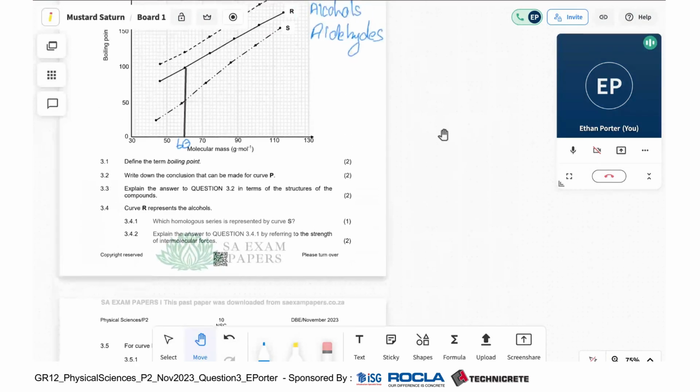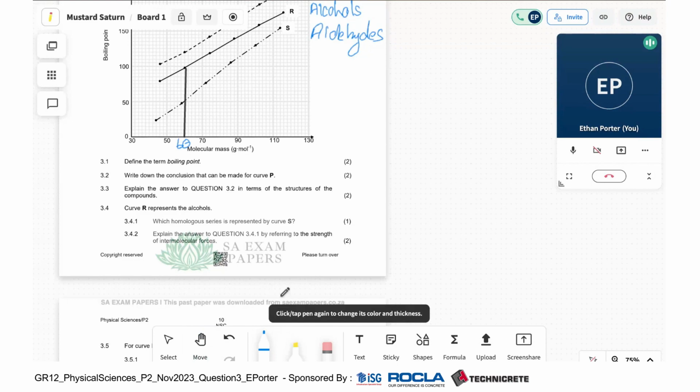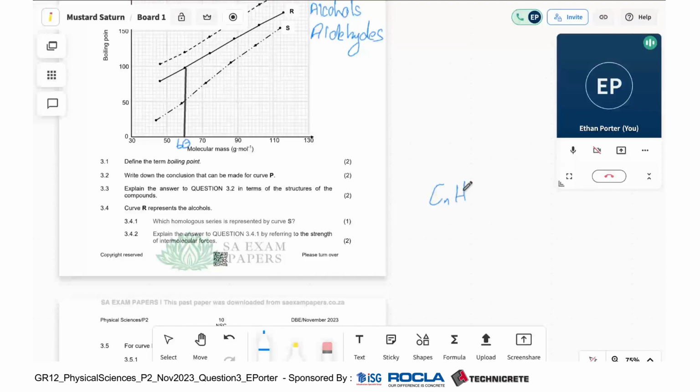All right. So here we've got to break it down a bit. We know it's an alcohol. So our alcohol is going to have some carbons. It's going to have 2n plus 1 and then OH at the end. So this is basically the equation that we're going to use.